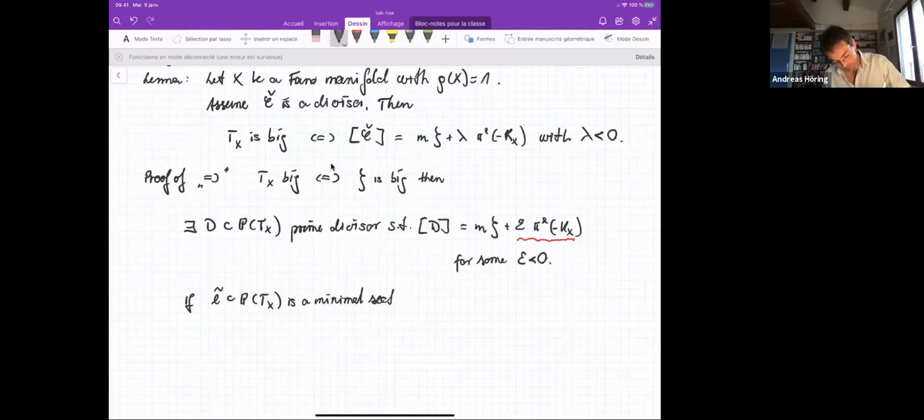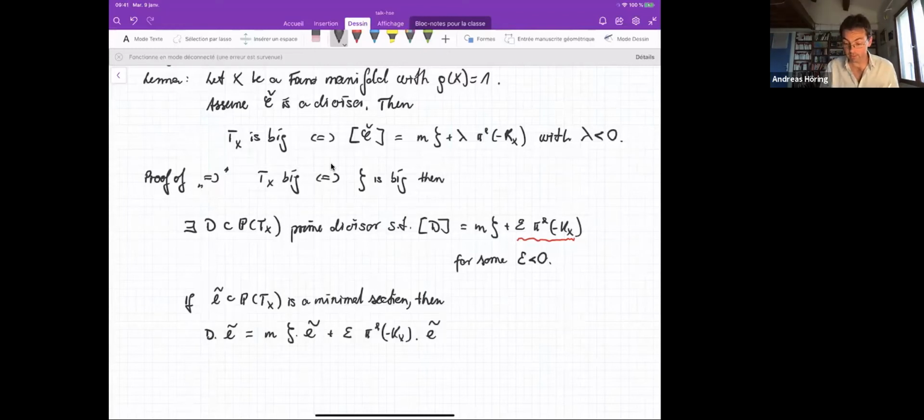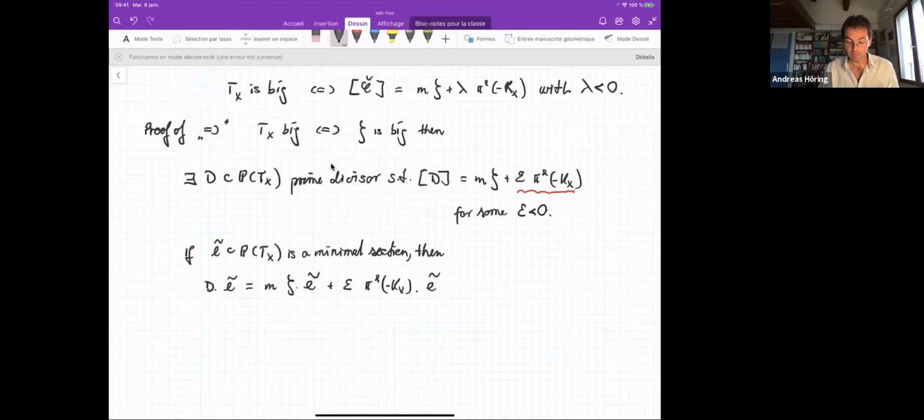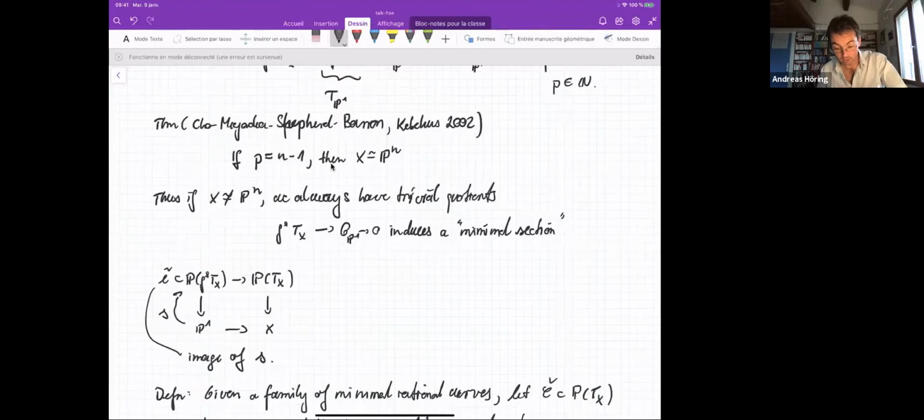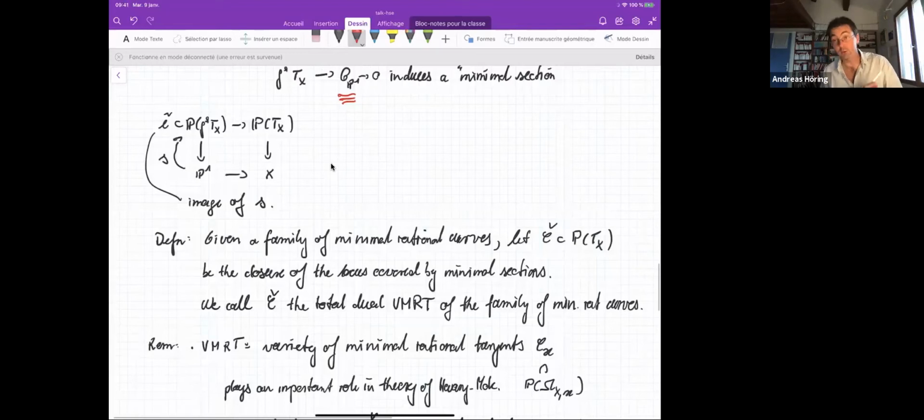So D times L tilde is the same as computing m times zeta times L tilde plus epsilon pi star minus kx times L tilde. Now here comes where you use that this is a minimal section. The minimal section corresponds to a trivial quotient. So the intersection number with the tautological class is 0.